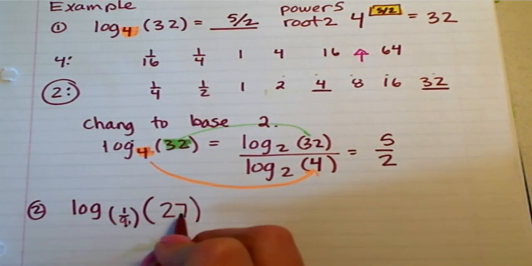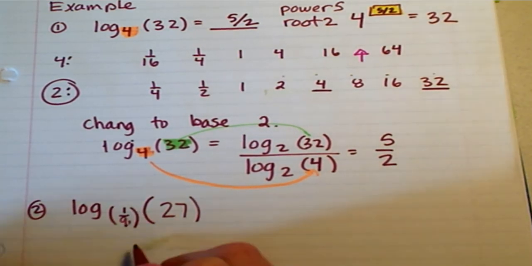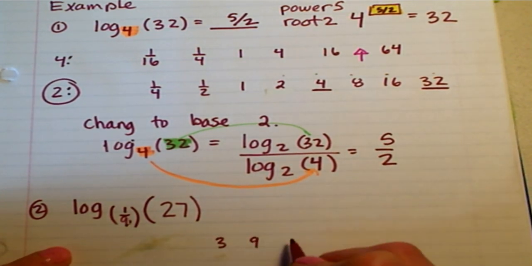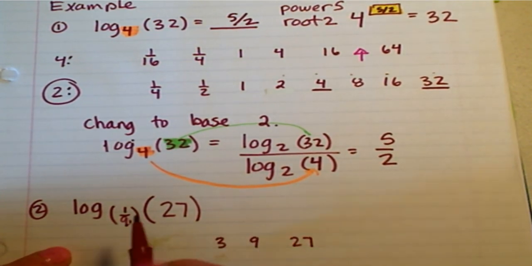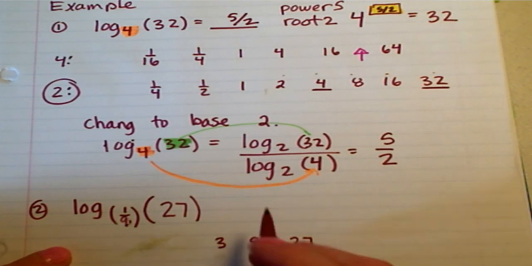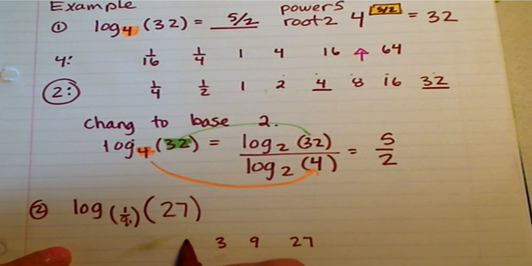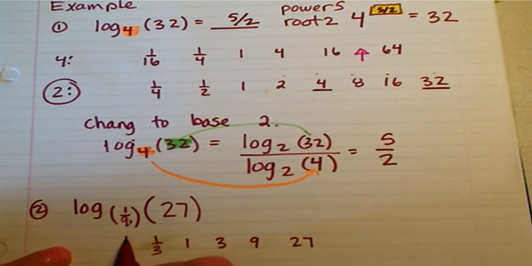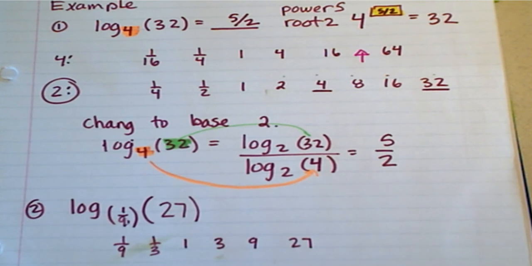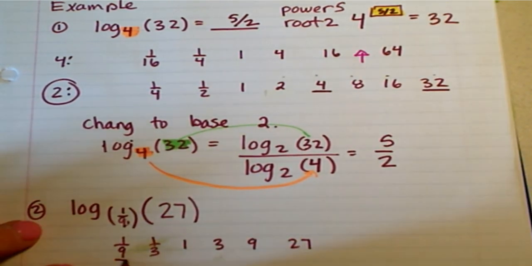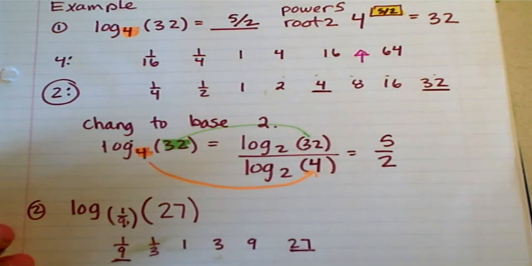So I'm going to look at 9 and 27, and I'm going to try base 3. Okay, so 3, 9, 27. All right, so this looks pretty good because I see the 9 and the 27 here. So now I'm going to count backwards. 1, 1/3, 1/9. Okay, and so I'm going to change this to base 3 because I see the 1/9 and the 27 here.